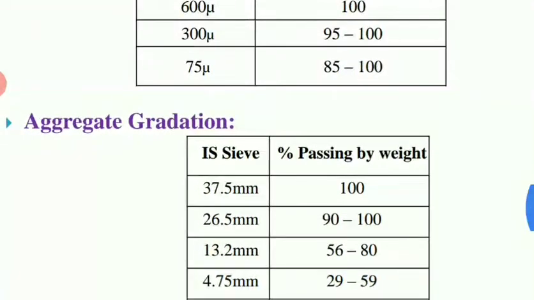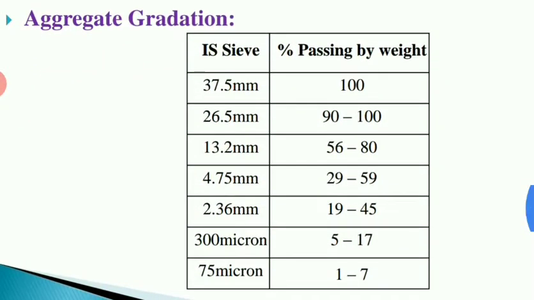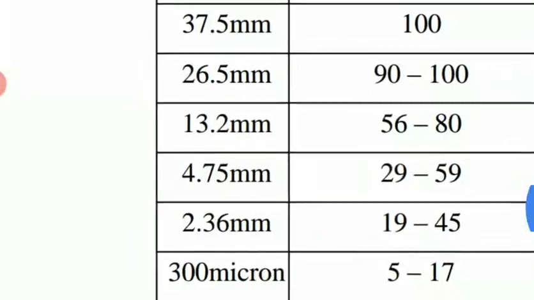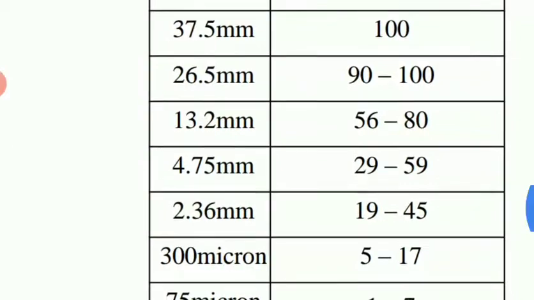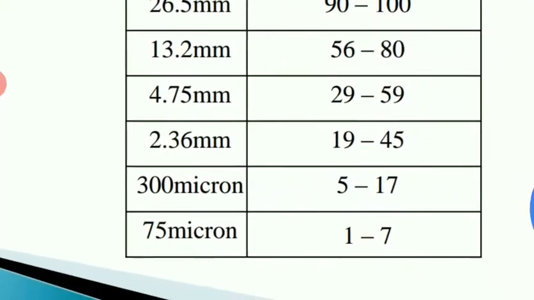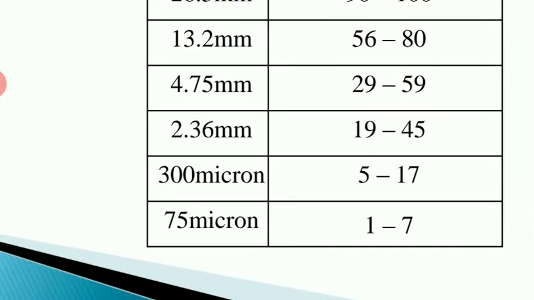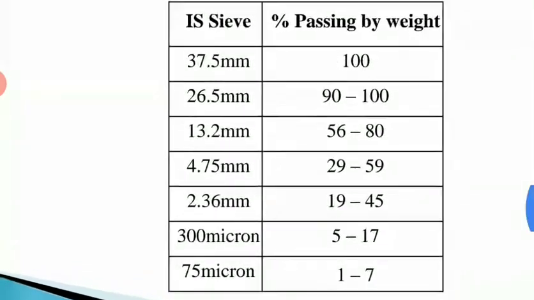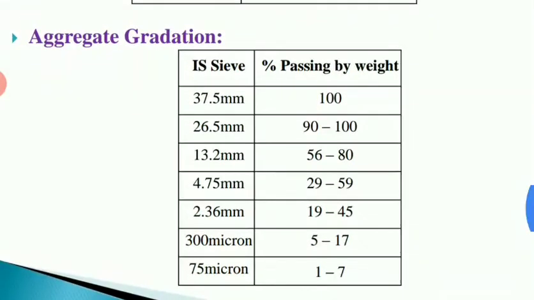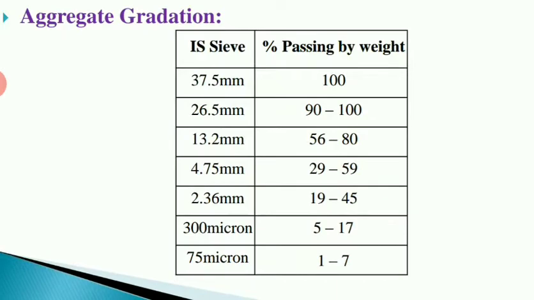Okay, and then the aggregate gradation. Here the IS sieves start from 37.5 mm to 26.5, followed by 13.2 mm, 4.75, 2.36, 300 micron, and 75 micron. So here we can see the percentage by weight.